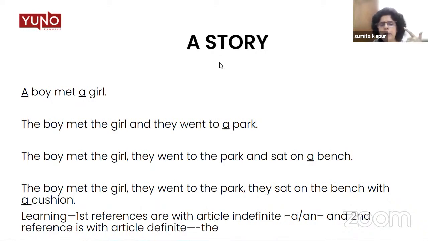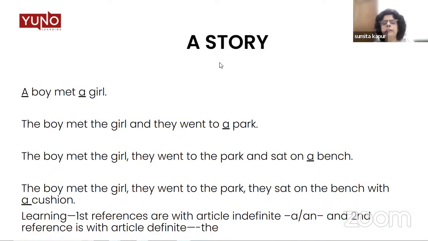The boy met the girl and they went to a park, new addition. Third sentence, the boy met the girl, they went to the park, they sat on a bench, new addition. Fourth sentence, the boy met the girl, they went to the park, they sat on the bench with a cushion. Now the story is over.